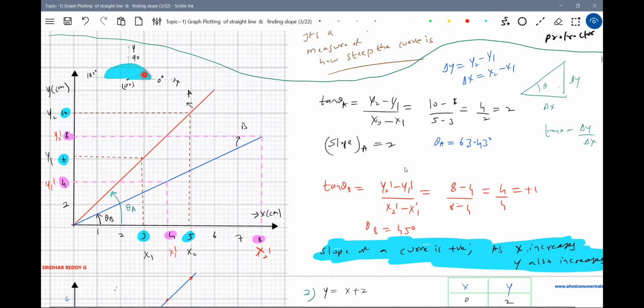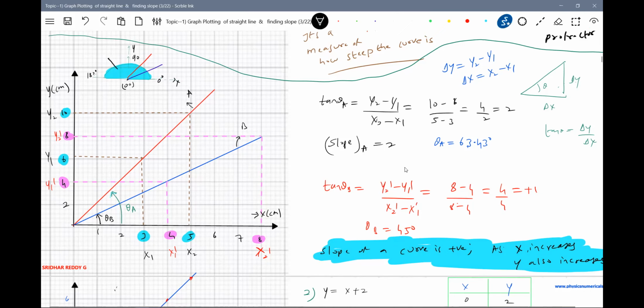Note down that angle, theta A. The blue color line will merge with one of the lines on the protractor, that will be theta B. And tan of theta A will be the slope. This is using protractor.